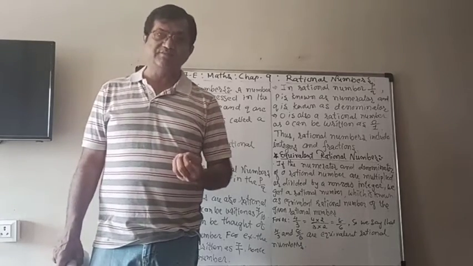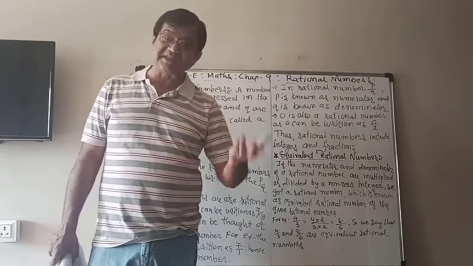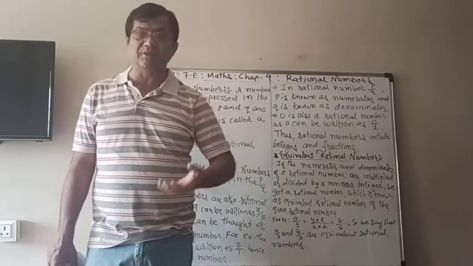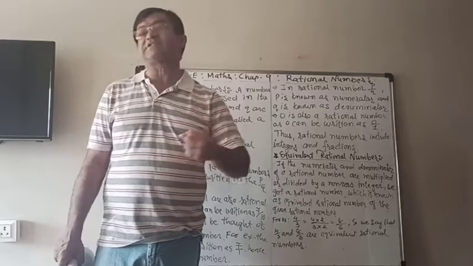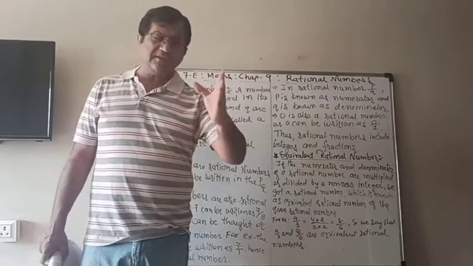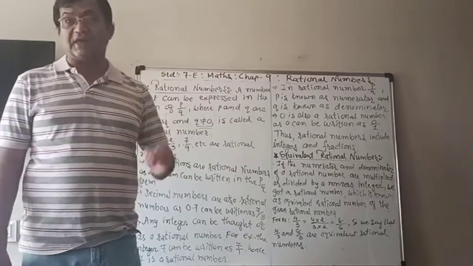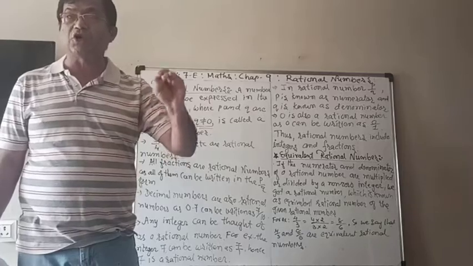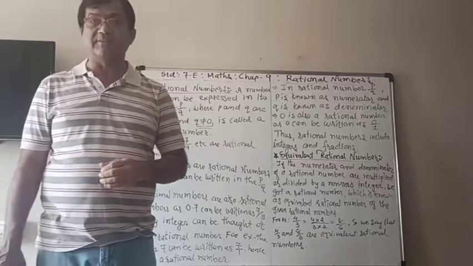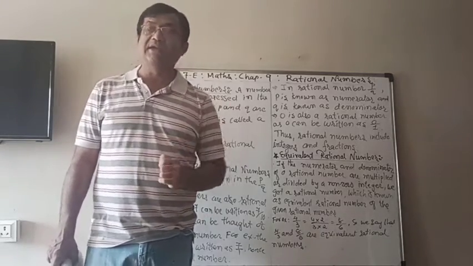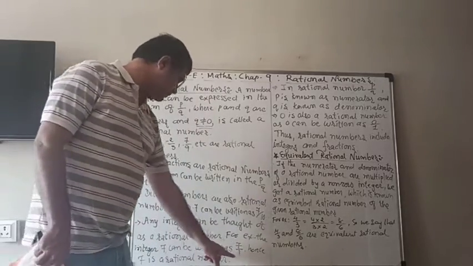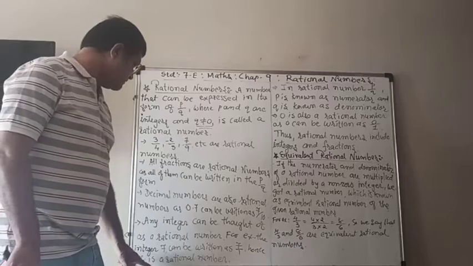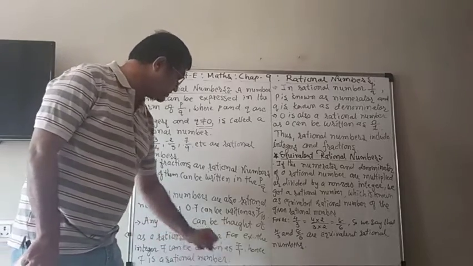It means that all the integers, minus 9 also, minus 9 upon 1, minus 8 upon 1, etc. So here all the integers can also be thought of as rational numbers, as we can put 1 here. We can put 1 down, 7 upon 1. So 7 is also a rational number.